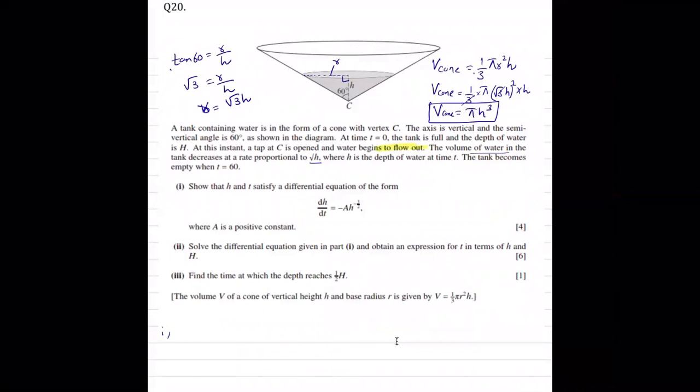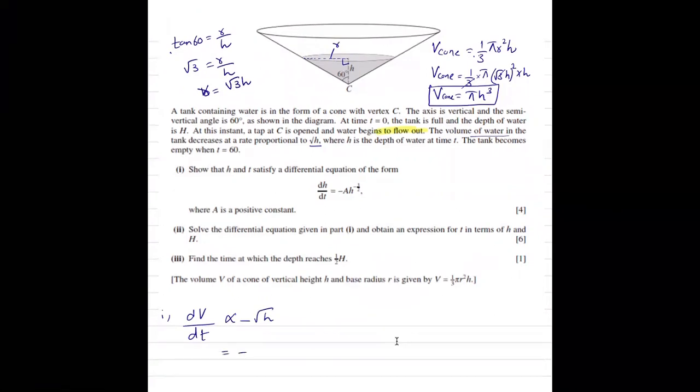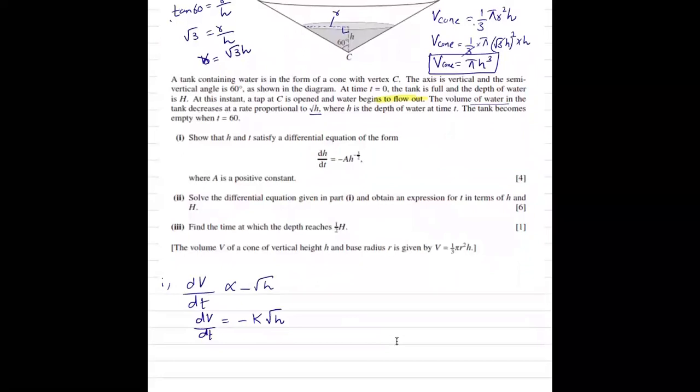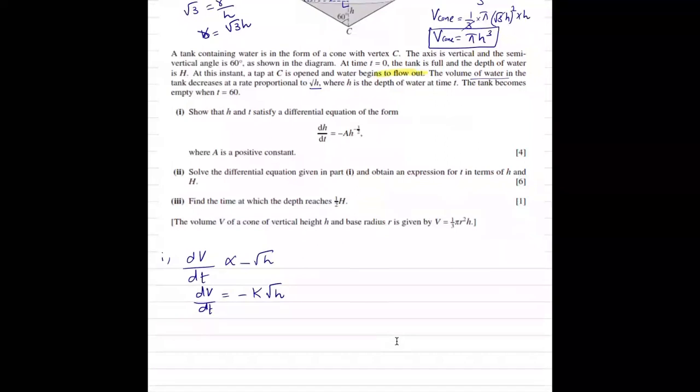Then we have been given that dV over dt, the volume of the water in the tank decreases at a rate proportional to root h. So this is equal to minus k root h. So dh over dt is equal to dh upon dV times dV over dt, the chain rule.